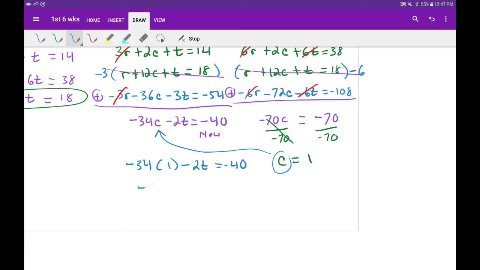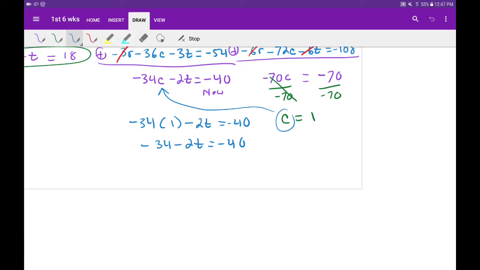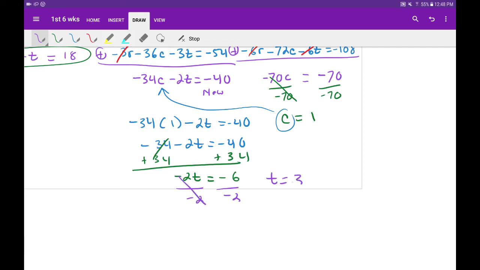So I get negative 34 minus 2T equals negative 40, because it's just times 1. Let's add 34 to both sides. Negative 2T equals negative 6, and it looks like this is going to work just fine. So divide both sides by negative 2, and here I get T equal to 3. So tulips are going to be $3.